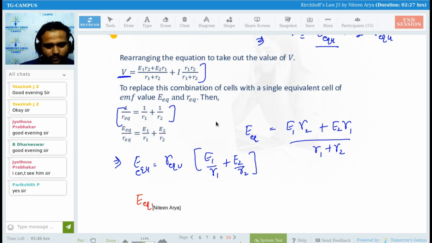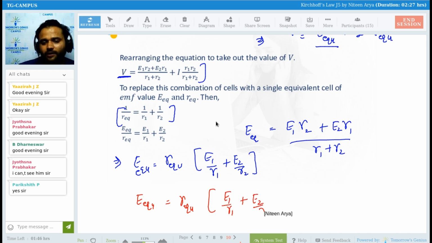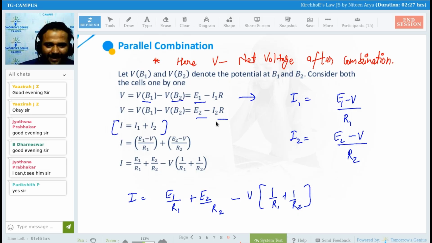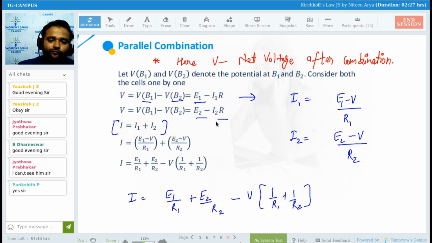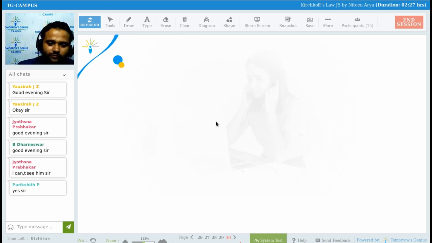E equivalent equals R equivalent times (E1 by R1 plus E2 by R2 plus E3 by R3). Got it? On this slide, I just added 2. But what if instead of 2, I have 3, 4, 5, and maybe 6 also?